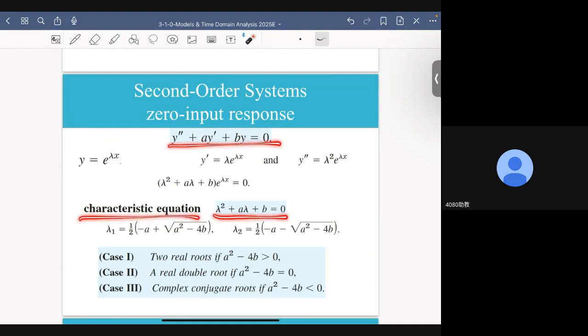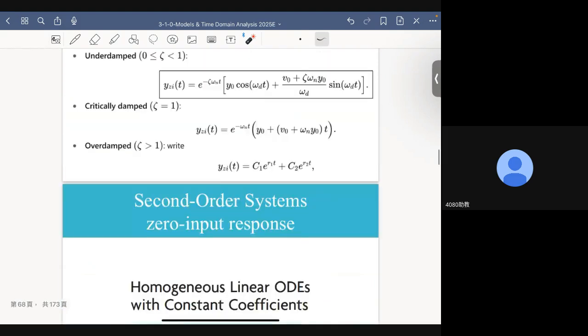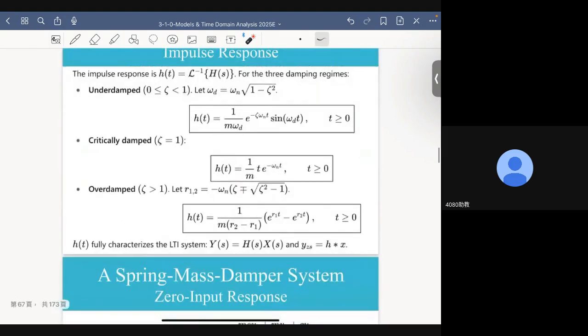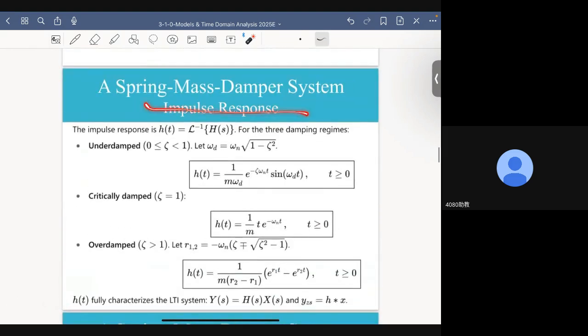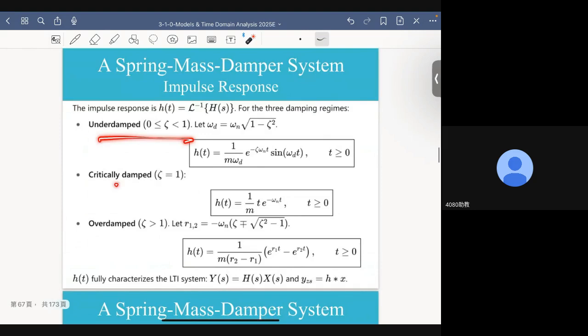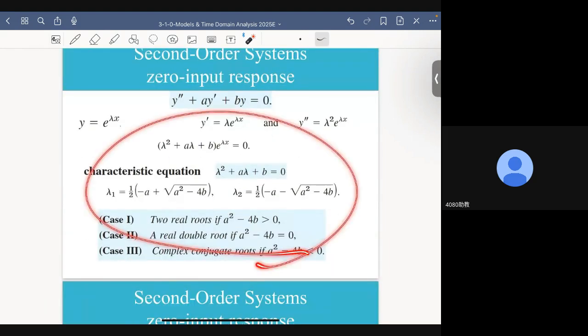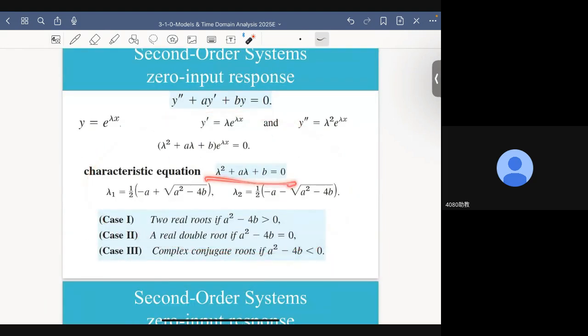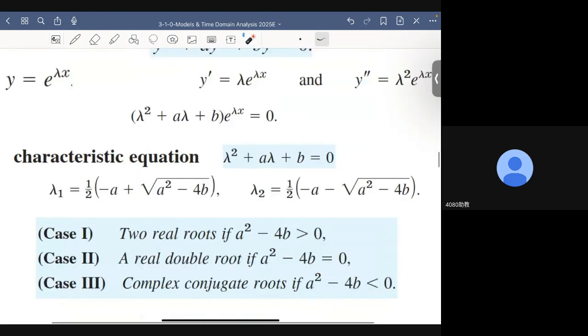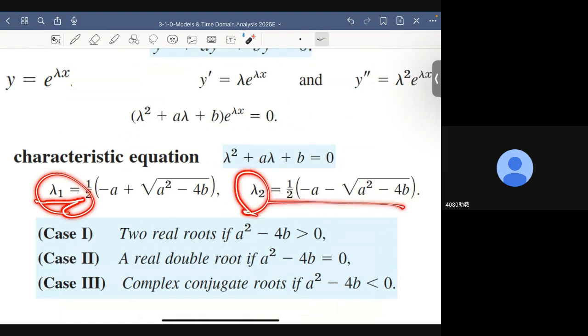is actually this. And the reason why here in discussing impulse response, we have to divide the possible solution into 3 cases is because here we need to do the same thing. We know that the roots of these characteristic equations can be represented by lambda 1 and lambda 2.